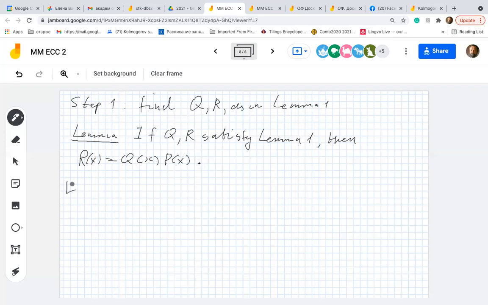How to prove it? First, here we mean an equality as equality of polynomials. But let's first prove that the polynomial r has the same value as the product of polynomials q and p in our endpoints.